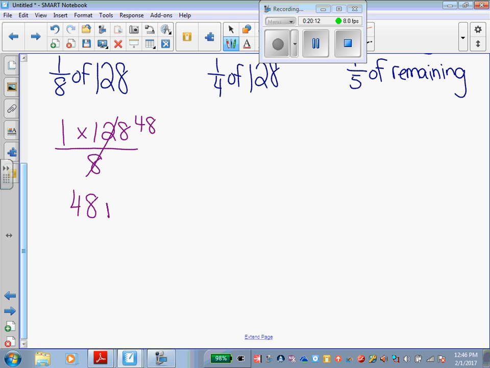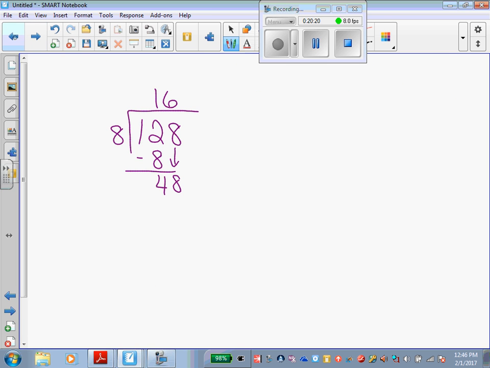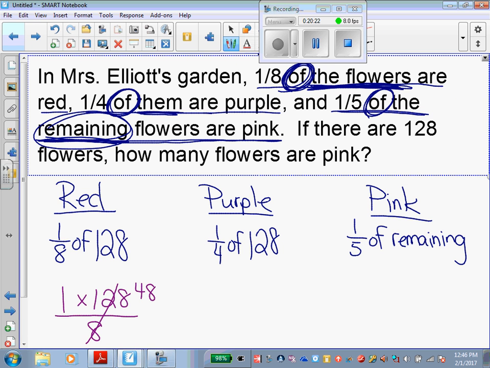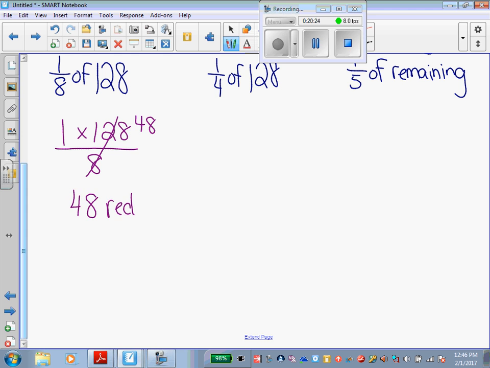So we have 48 red flowers. Am I wrong? Did I say 46? Yeah, you said 48. Oh, 16. My goodness. I don't know what I'm doing. All right, 16. There we go. 16 red. All right, so we have 16 red flowers.